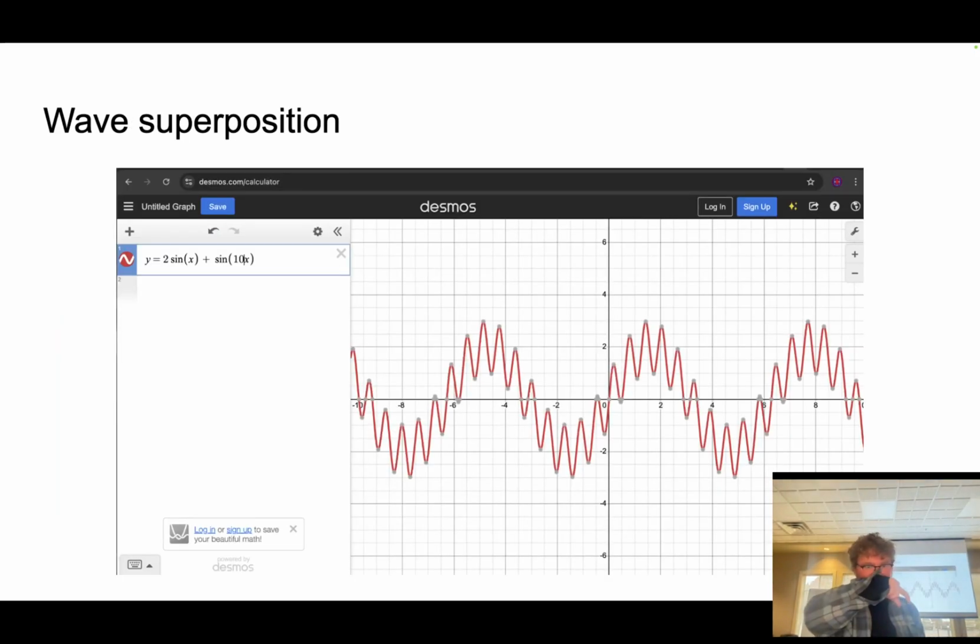But ultimately, waves added together, they kind of look like this when they're added together. So this is adding two sine waves together. All right? So this is a 1 hertz sine wave added with a 10 hertz sine wave. But interestingly, you can always break them back apart.